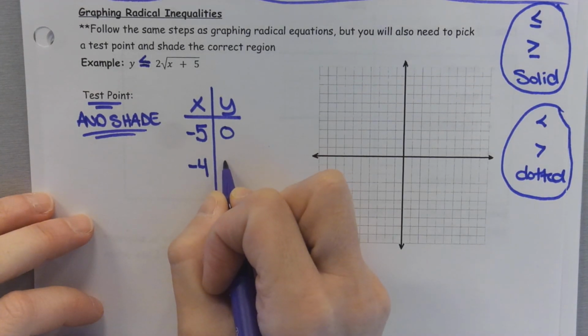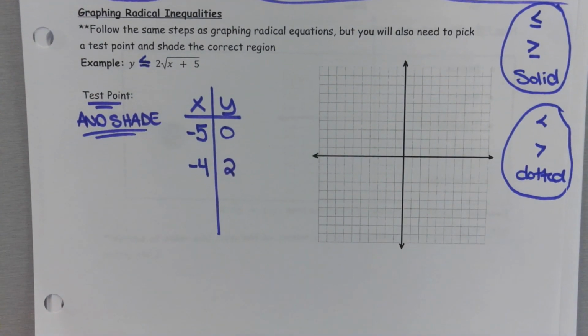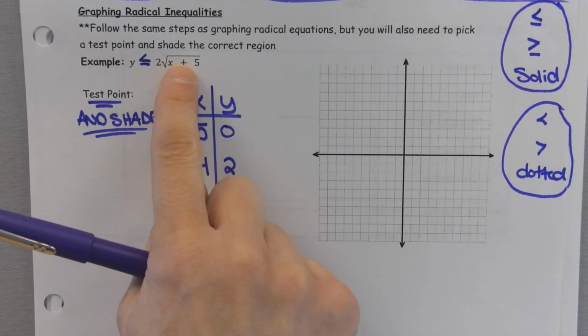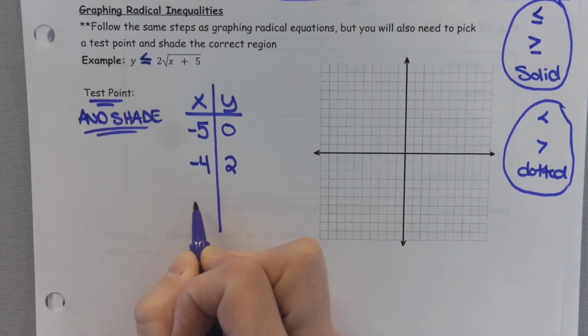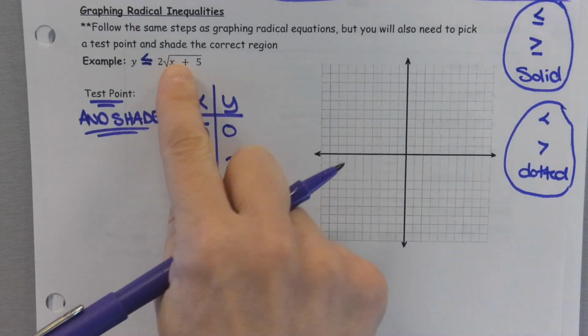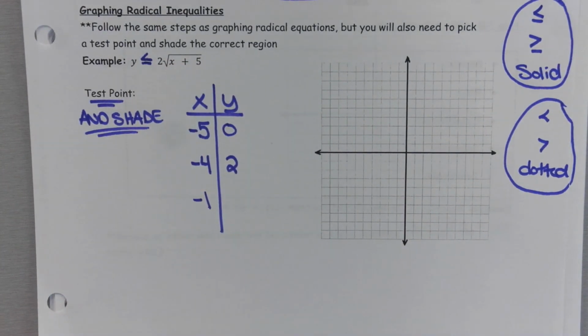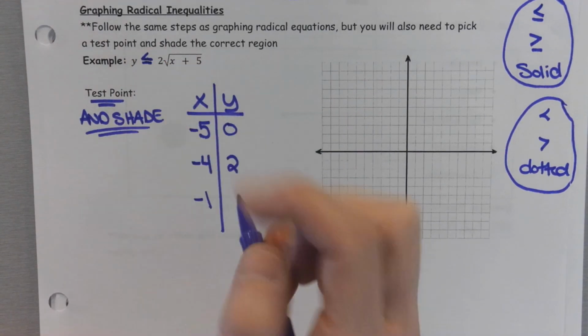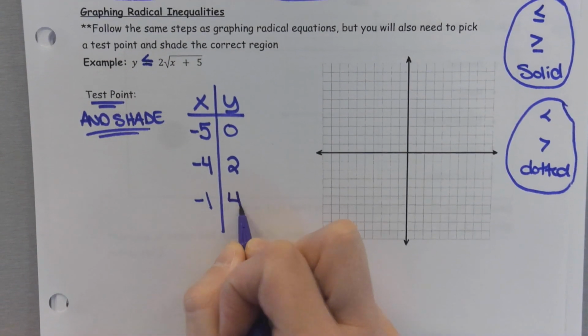Times 2 is 2. And then, let's see. I like 4 underneath there, right? Under the root. What would I need to plug in to get a 4 under here? -1. If I do -1 plus 5, I'll get 4. And what do we know the square root of 4 is? 2 times the 2 out front is 4.